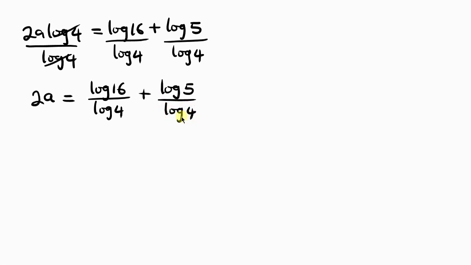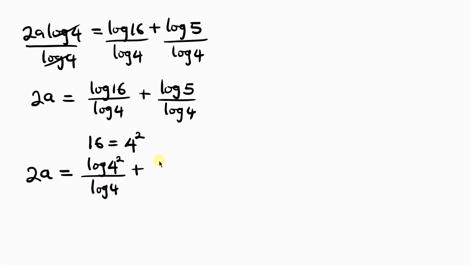Very good. Now, our next step will be for us to write 16 in terms of the base of 4. And we know that 16 is same as 4 squared. So I'm going to be writing 4 squared in place of 16. So we have 2A to be equal to log 4 squared all over the denominator, log 4, plus log 5 all over log 4.